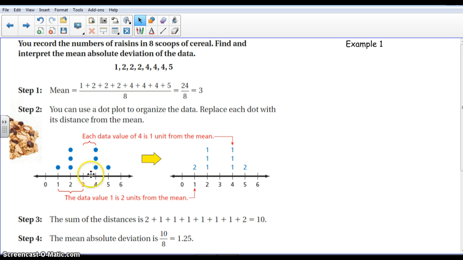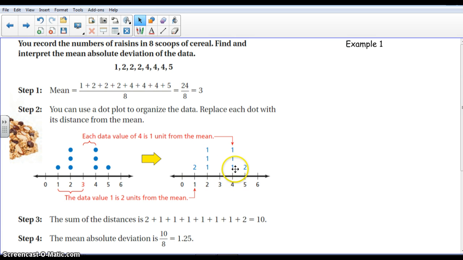Then they asked, how far away from this mean is each number? You had 1 dot under 1, and that was 2 places from 3, so you write a 2. You had 3 dots in the number 2, and each of those dots was 1 deviation step from 3. So you have 1, 1, 1.